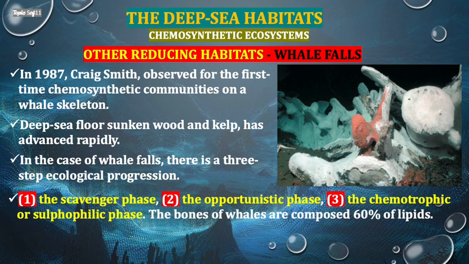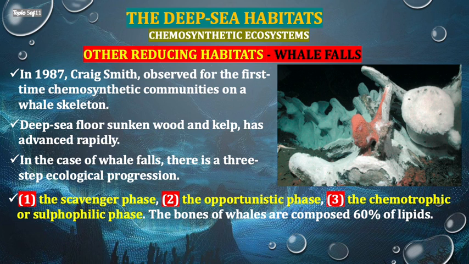In the case of whale falls, there are three steps in the ecological progression. The first one is the scavenger phase. During this stage, the flesh of the whale is, of course, eaten until what's left are the bones, which are exposed on the ocean floor. And then the second phase follows, which they call the opportunistic phase.